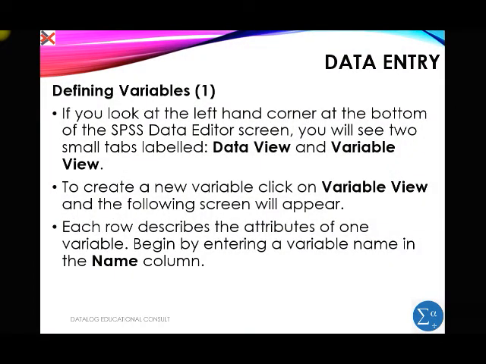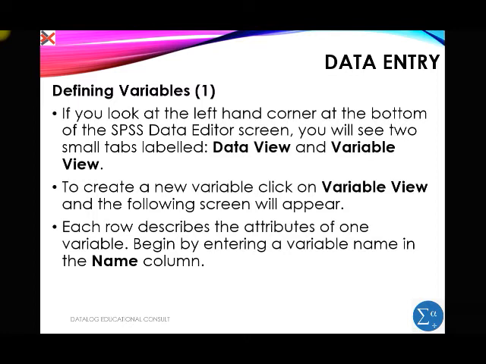Now, defining your variable under variable view. If you look at the left hand side corner at the bottom of the SPSS data editor screen, you will see two small tabs labeled data view and variable view, which I call the two types of view that we have in SPSS.